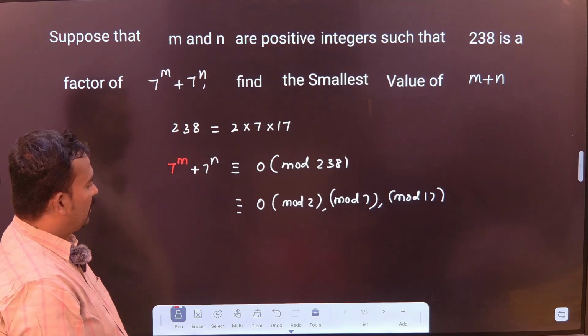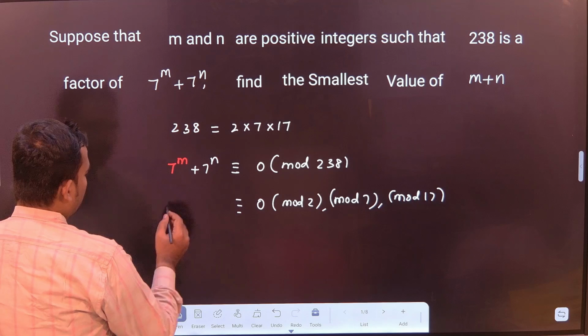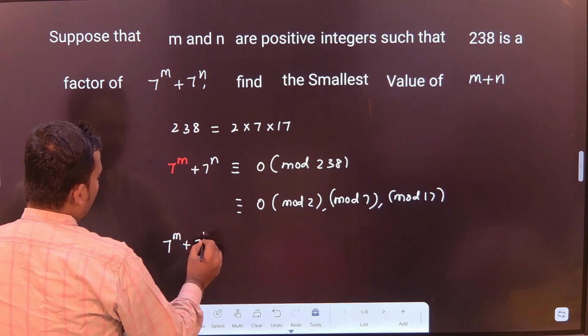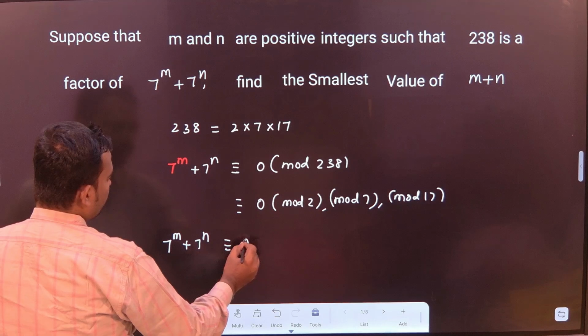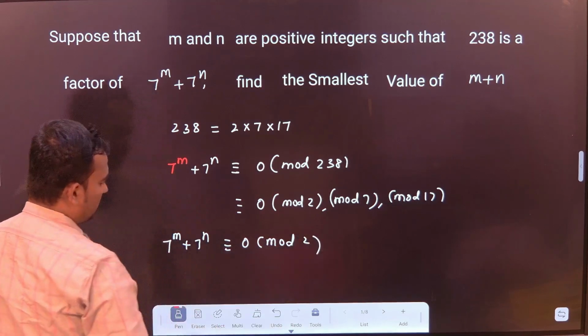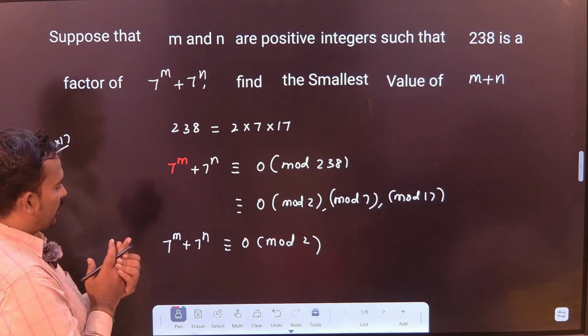So let me take 2 first. Is 7 power m plus 7 power n congruent to 0 modulo 2 or not? How can you check this?